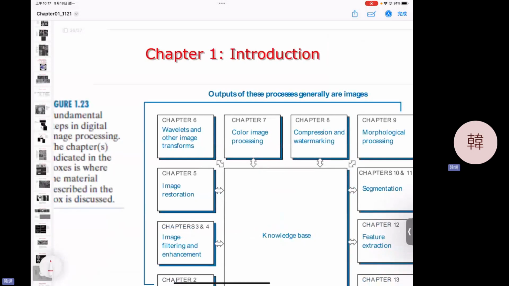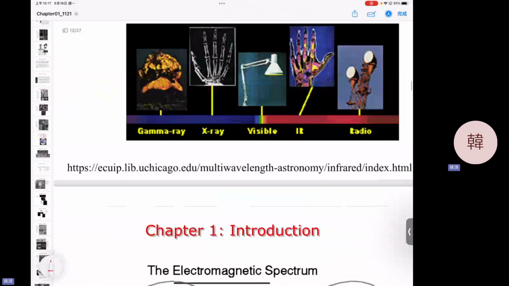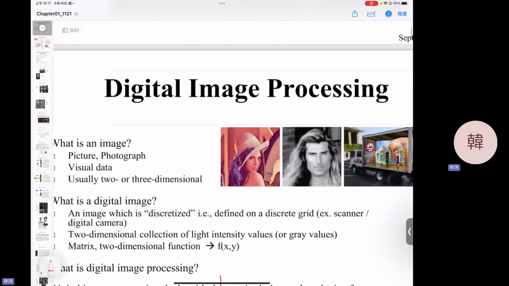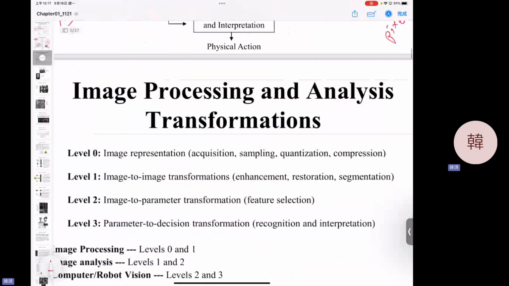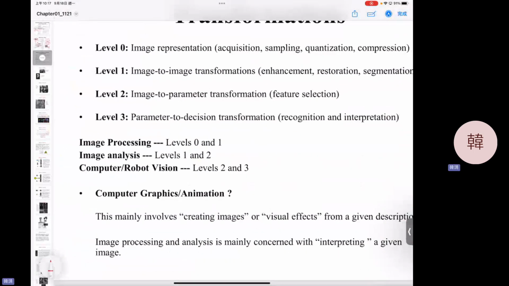So to summarize this chapter, we just want to let you know that in digital image processing, we have different levels. Like this one, we have four different levels here. Level 0 and level 1 are image representation and also image-to-image operation. So your input is an image, and the output is also an image up to this level. And level 2 is image to parameters.